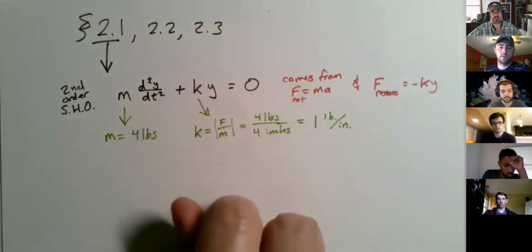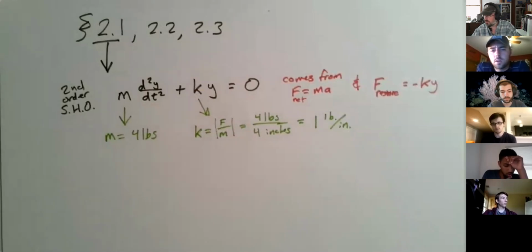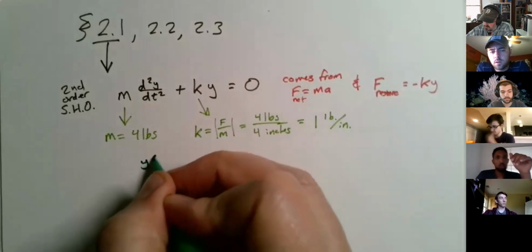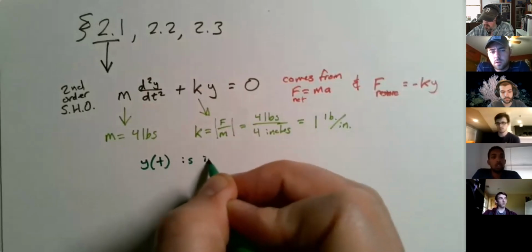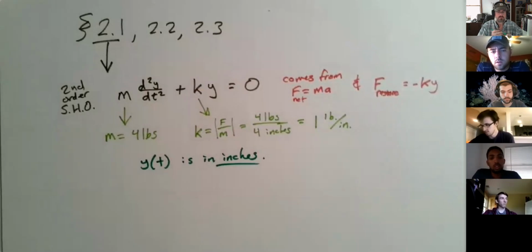Does that make sense? So we know from this right here that we're going to have to be talking about inches. So this piece of information tells us that y of t is in inches, right? Has to be.